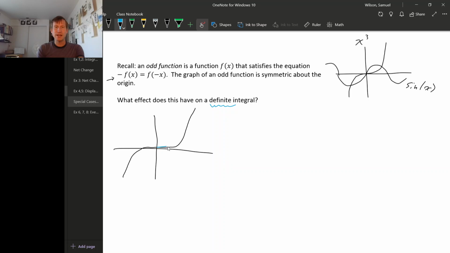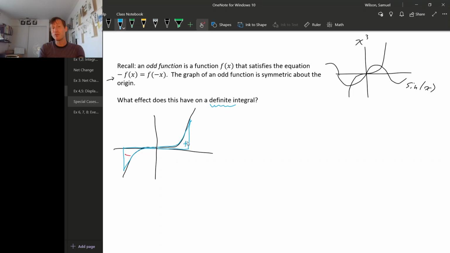If you started at 0 and did some sort of definite integral with this odd function, you'd get this wedge shape here. But there's another version of this wedge shape, to the left, down here. That's exactly the same shape because of the symmetry of the graph. But the region on the left is below the x-axis, so it would count as negative, and the region on the right that's above the x-axis would count as positive.